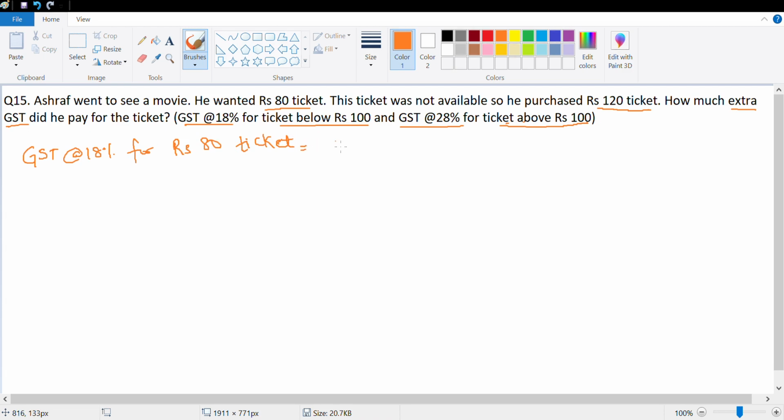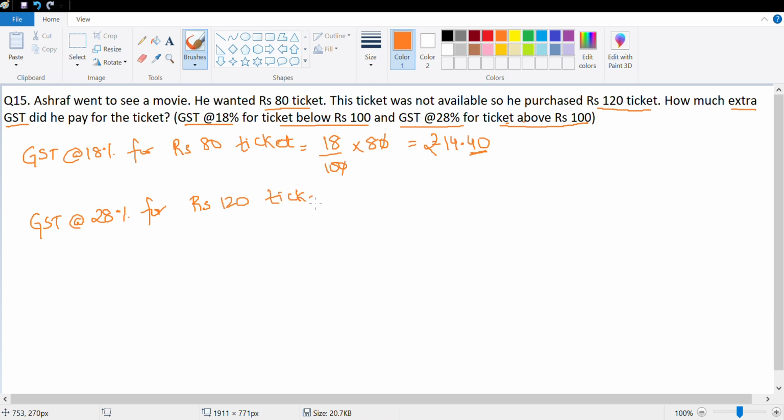So this is 18 upon 100 into 80, which is equal to 18 into 80, that's rupees 14.40. Since it's money, we always have two digits after the decimal. Next, GST at the rate of 28% for the ticket that he purchased, which was a rupees 120 ticket.